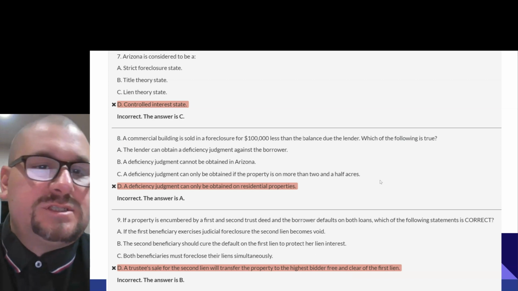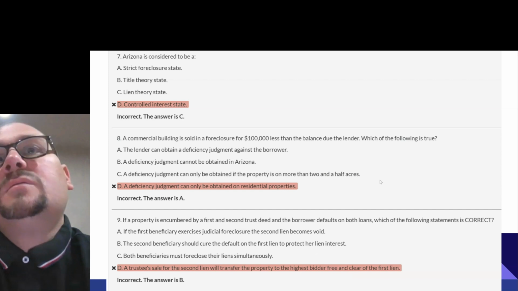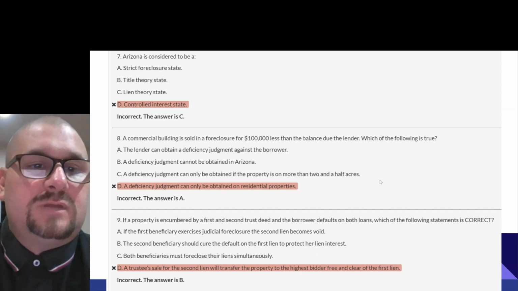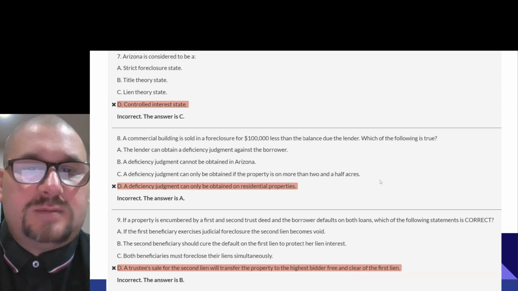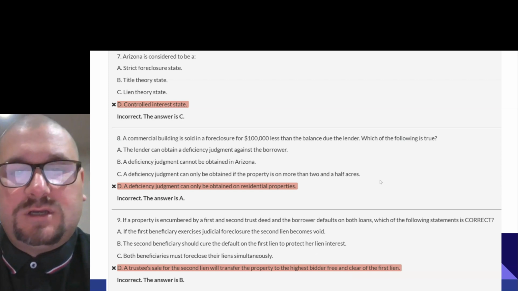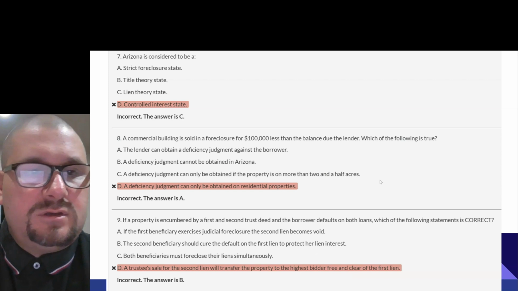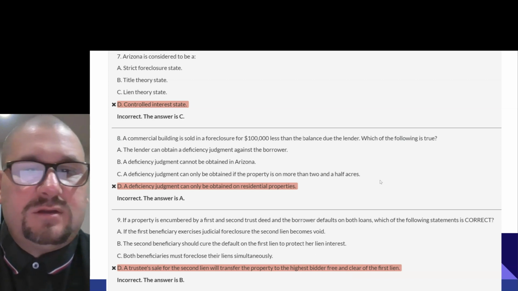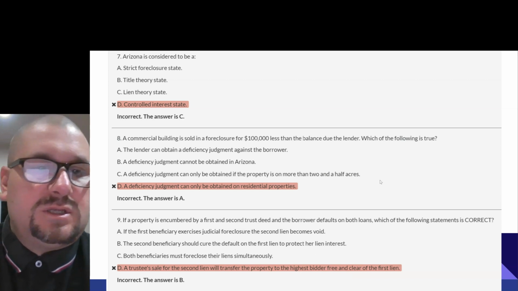B says a deficiency judgment cannot be obtained in Arizona. No. A deficiency judgment can only be obtained if the property is on more than 2.5 acres. No. A deficiency judgment can only be obtained on residential properties. No.